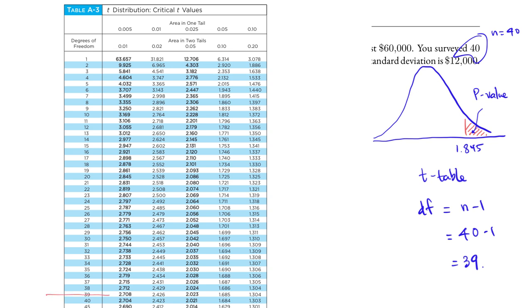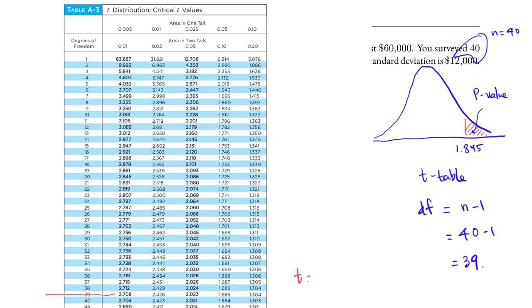In some cases, we might not find the exact degrees of freedom. We would need to round to the closest degrees of freedom. Observe that the test is the right tail test, so this is a one-tail test, and so we would need to obtain the corresponding p-value in the one-tail section.